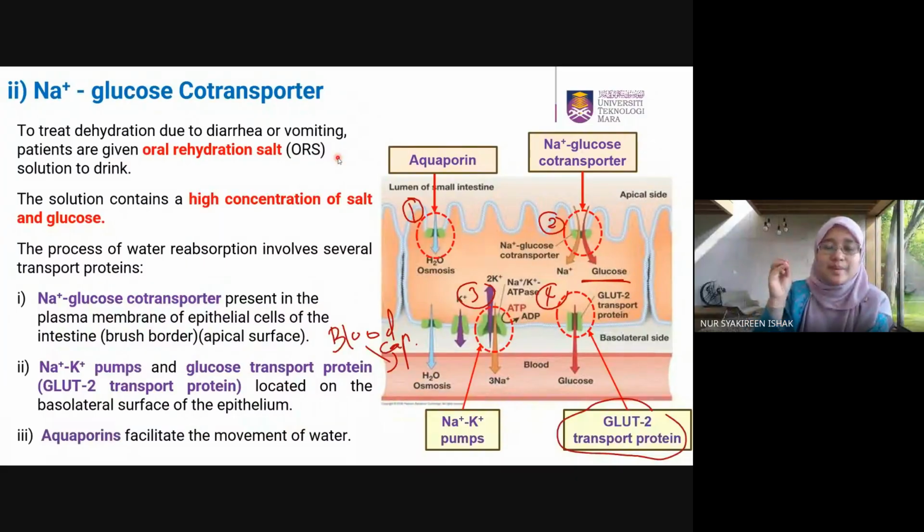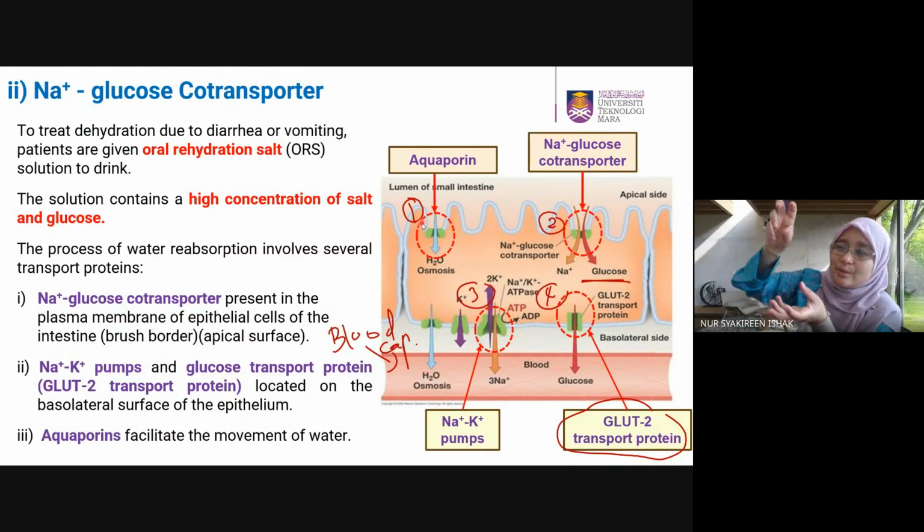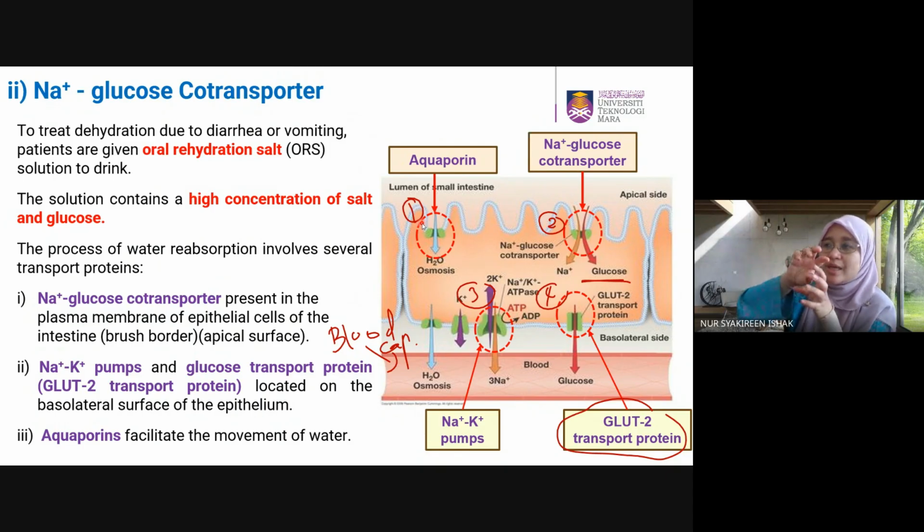So this bacteria has toxin, and then the toxin will block these aquaporins. So bila awak makan, awak minum, the toxin from the bacteria will block, and then the nutrients, the water will not be absorbed. Dia akan keluar as ceret-beret lah.